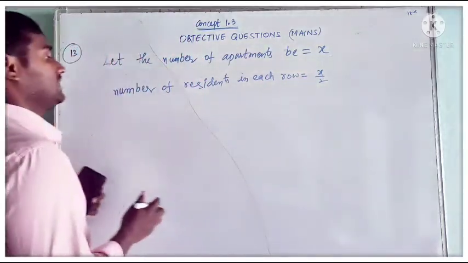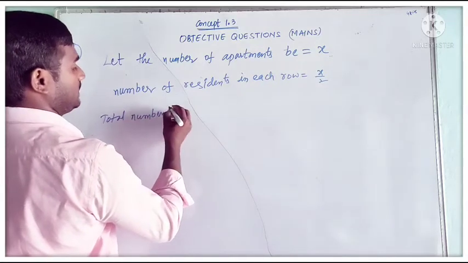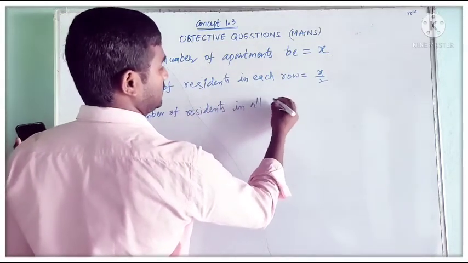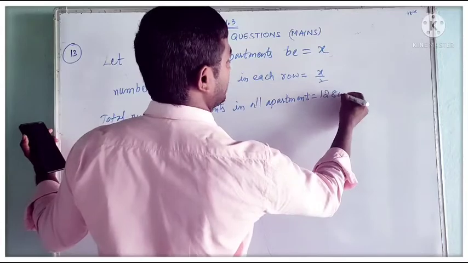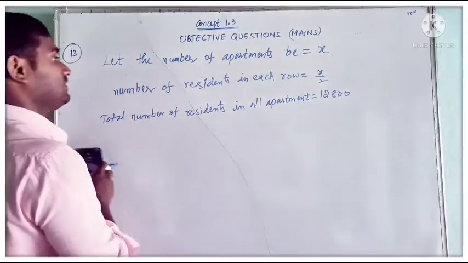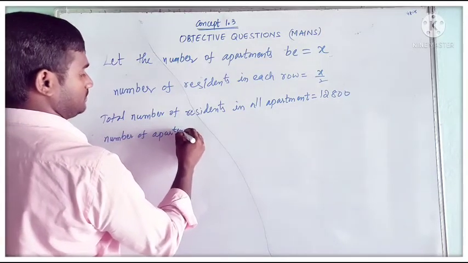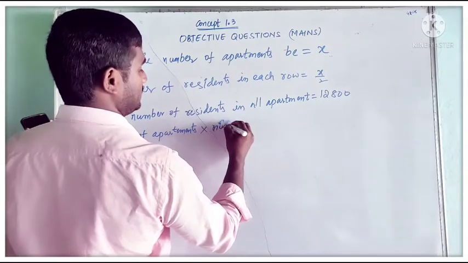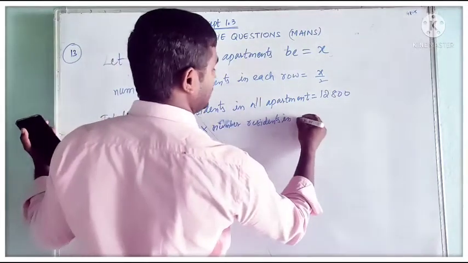Then the total number of residents in all apartments is 12,800, as given. How do we get the total? It is the number of apartments into the number of residents in each apartment.